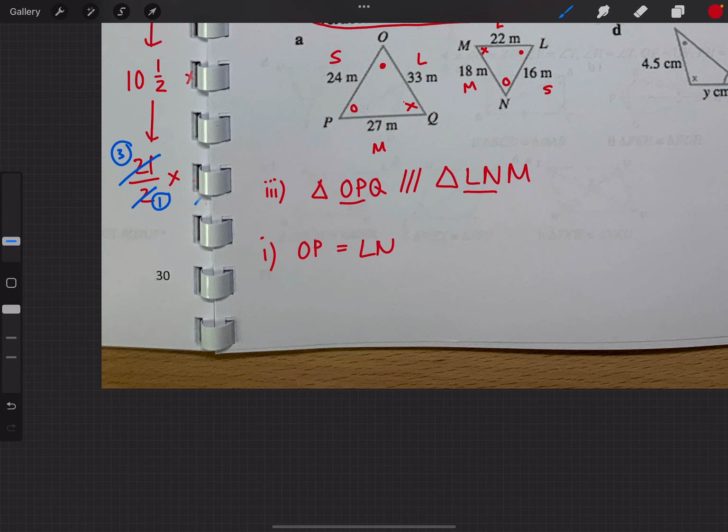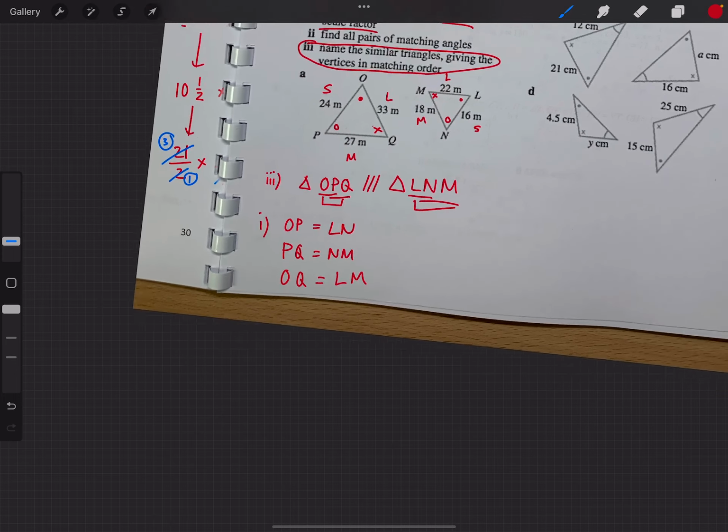I can say PQ is going to match NM. And I can say, what else? OQ is going to match LM. Done.